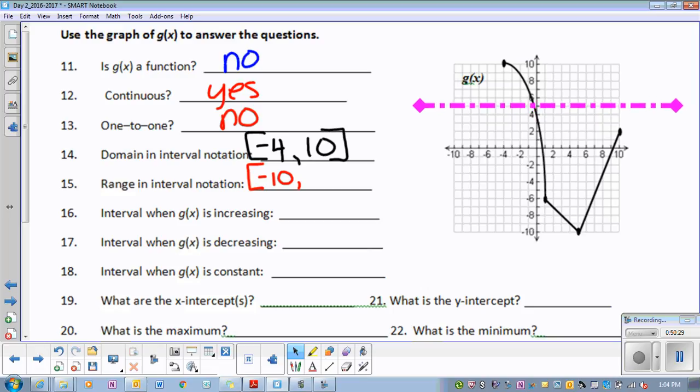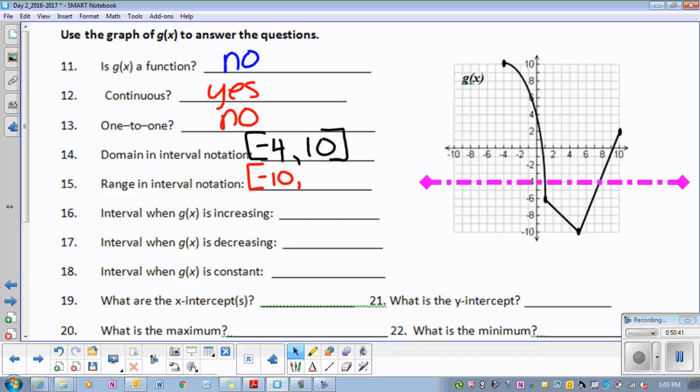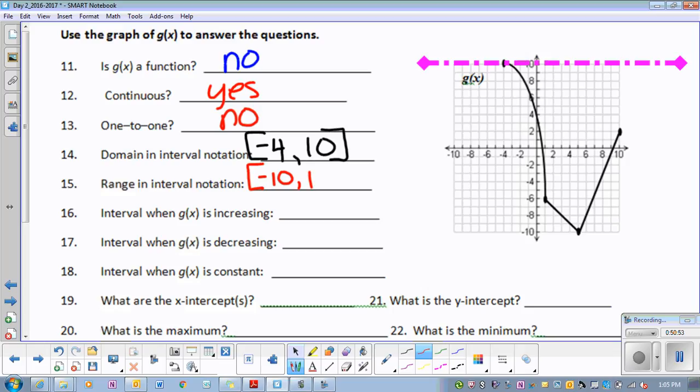Where does the graph stop? You've got to think of the y number. The graph stops at 10. Bracket. Okay?